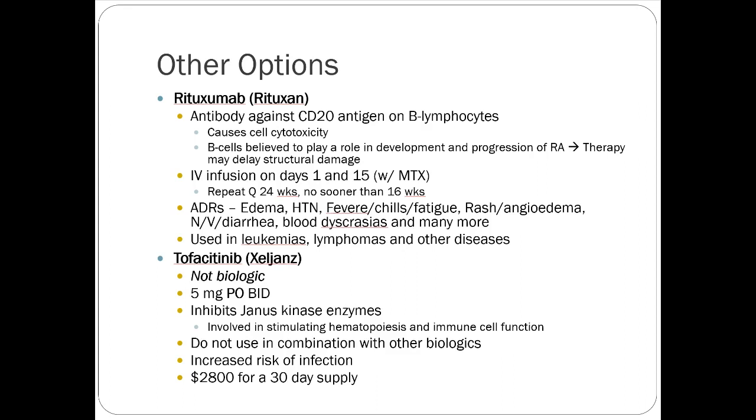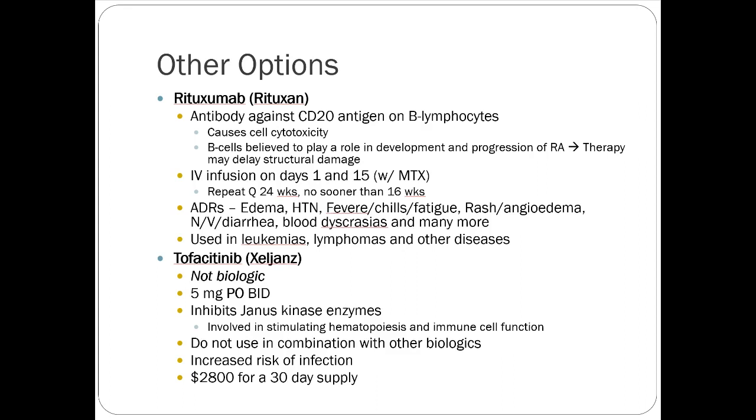Anyway, this is a twice daily medication. What it does is it inhibits this group of enzymes called Janus kinase, which are a subtype of tyrosine kinase. And those enzymes particularly are involved in stimulation of hematopoiesis and immune cell function. So it impairs some immune cell capabilities that way. This drug was not studied in combination with other biologics, and it's not recommended to be used in combination.